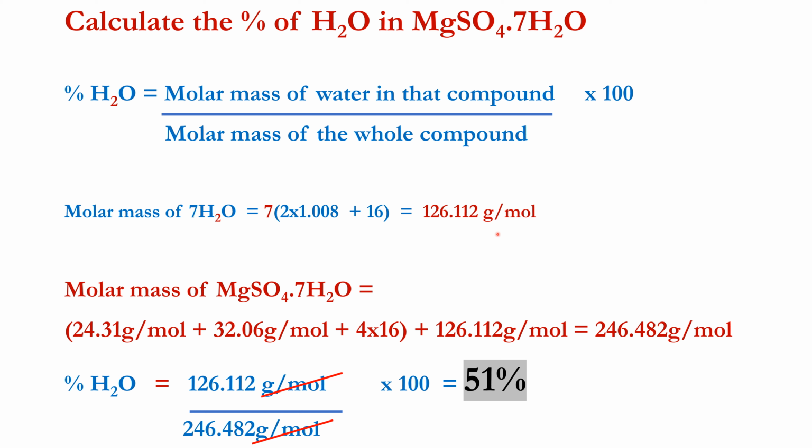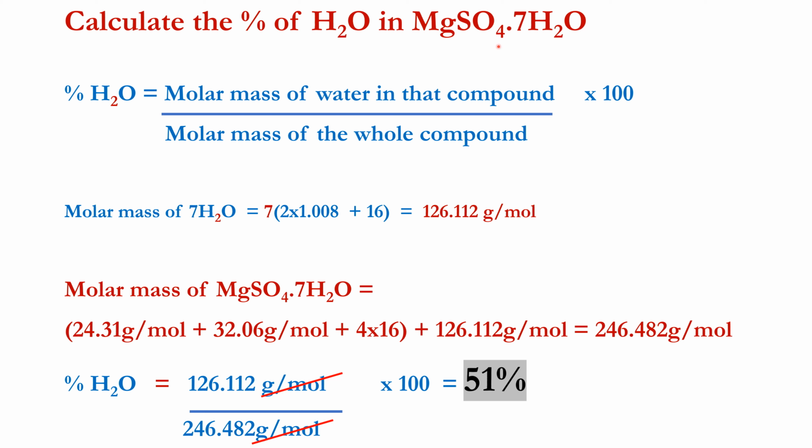So the next thing is to calculate the molar mass of the whole compound, including 7 water molecules. So this will be 24.31 gram per mole. This is the molecular weight for magnesium, plus 32.06 gram per mole. This is the molecular weight for sulfur, plus 4 times 16. 16 is the molecular weight for oxygen.